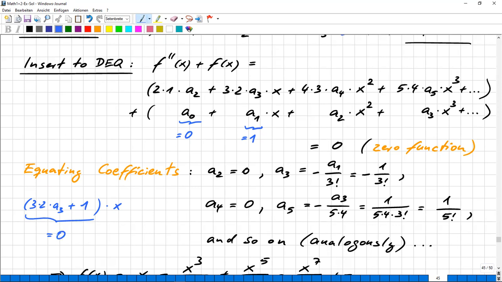And now we can immediately see if we just isolate a3. a3 is then, if I pull this 1 to the other side, it gets -1. I get -1 and then divided by 3 times 2. And as you see, I can complete this if I want with a factor of 1. So it's obviously the factorial of the number 3. So that's negative reciprocal of 3 factorial.